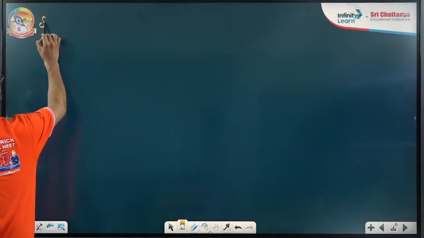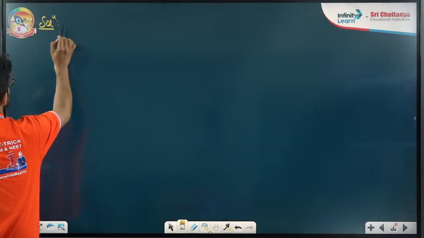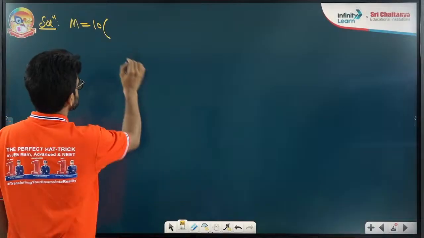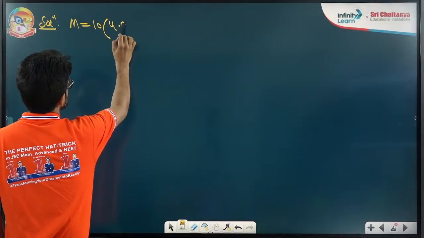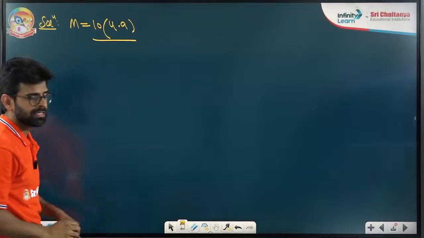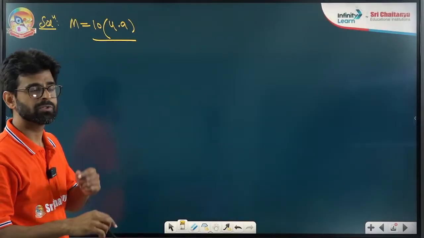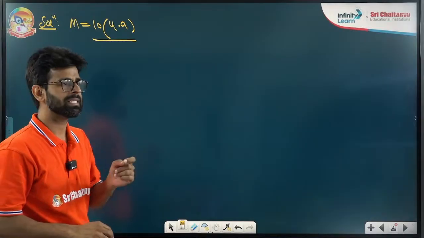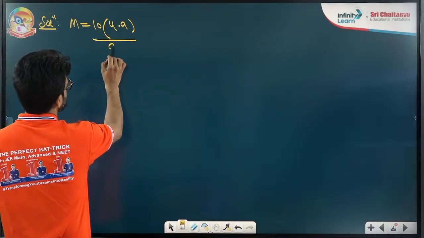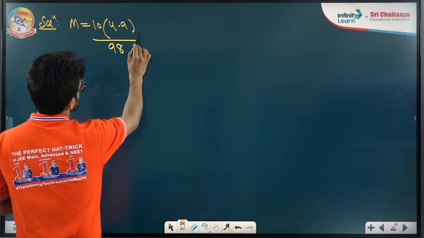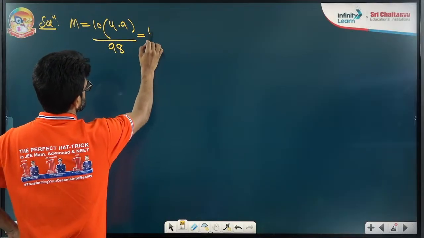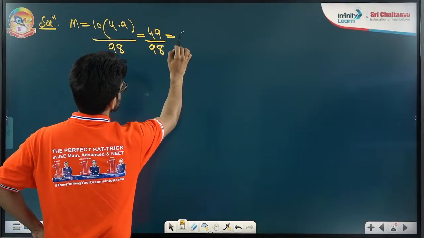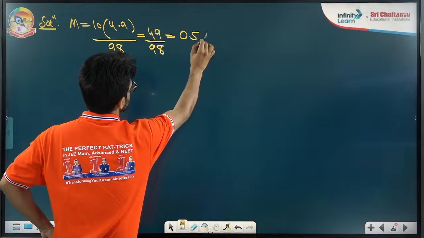In solution, molarity is 10 into weight by volume percentage, that is 4.9, right? Divided by the molecular mass of solute. Solute is sulfuric acid, the molar mass is 98. So here I am taking 98, right? So what's coming from here? 49 divided by how much? 98. Yes, you can say 1 by 2 or you can say 0.5 molar.